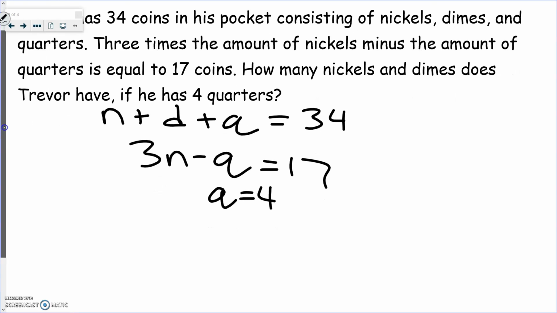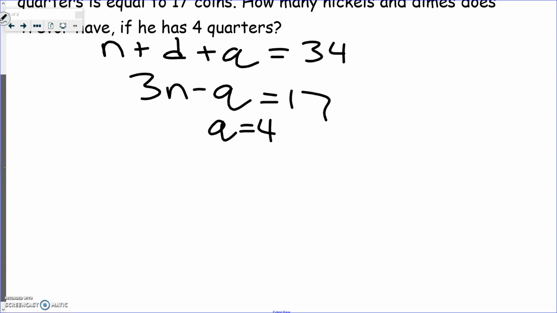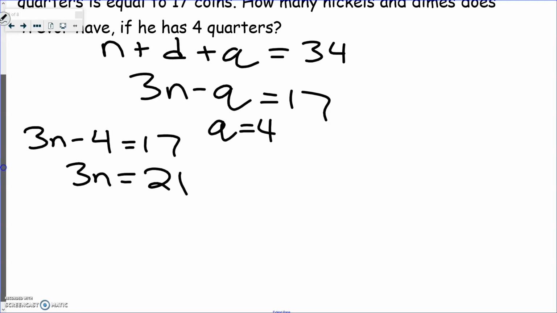All right? And just like before, we have all 3 equations. Go ahead, do your substitution. Okay? So I have 3 times my nickels minus my quarters is equal to 17. Nice and simple. So 3 times my nickels is equal to 21. So my nickels is 7.